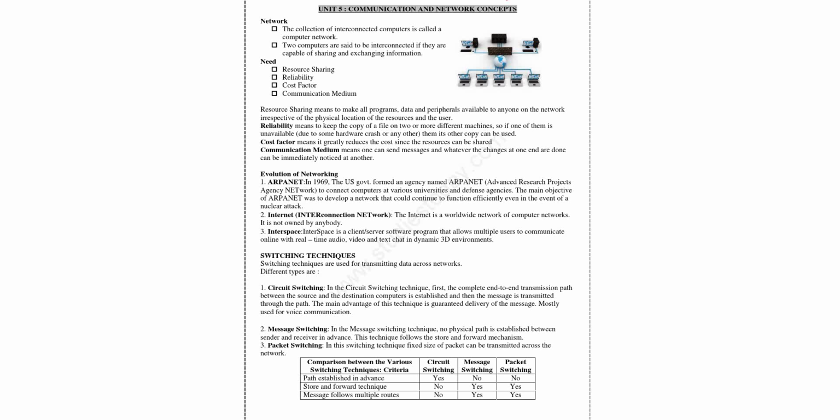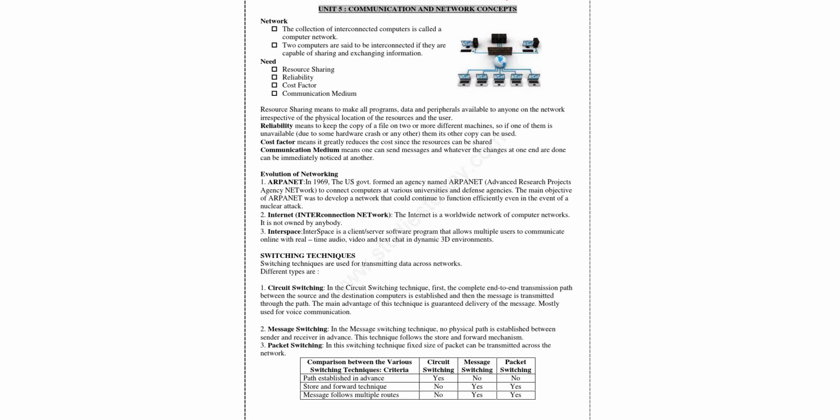So the question comes: what is network? A network is an interconnected collection of autonomous computers. Here, what is autonomous? It means that no computer on the network can start, stop, or control another one.